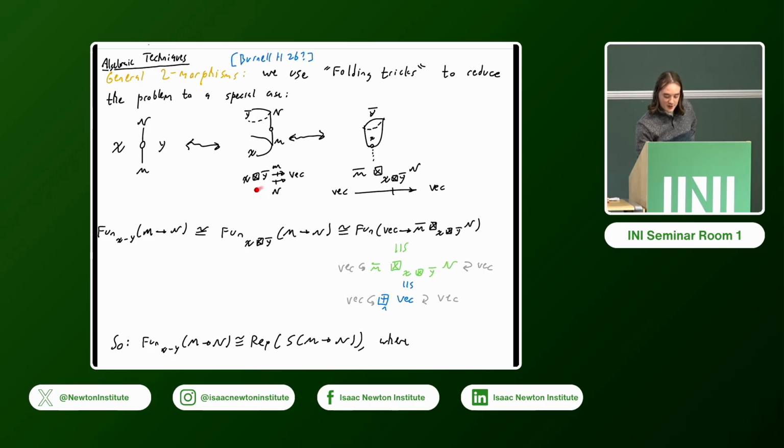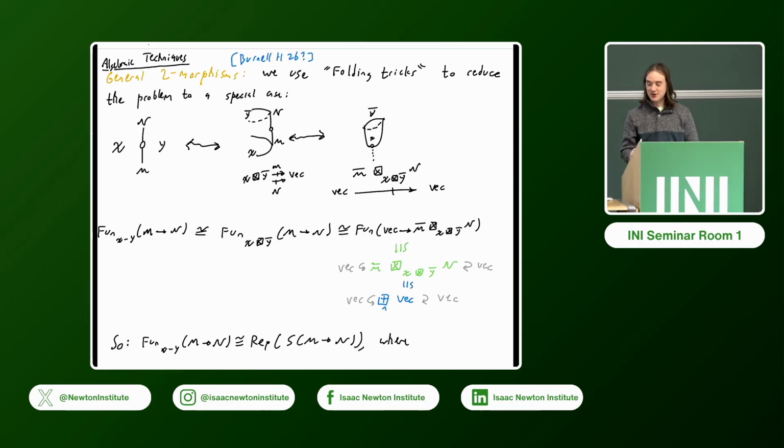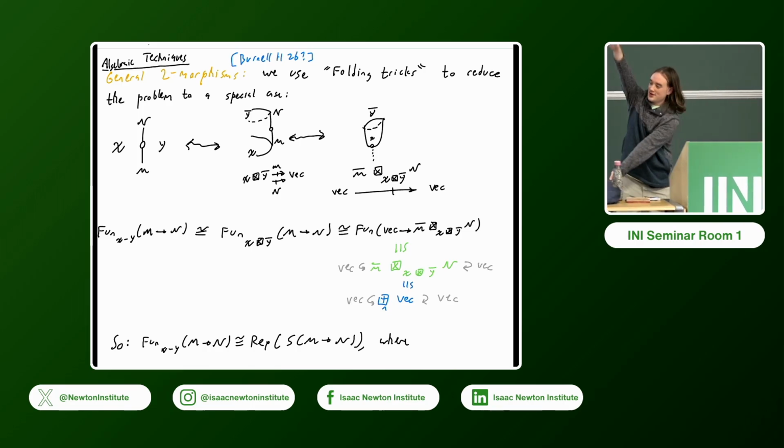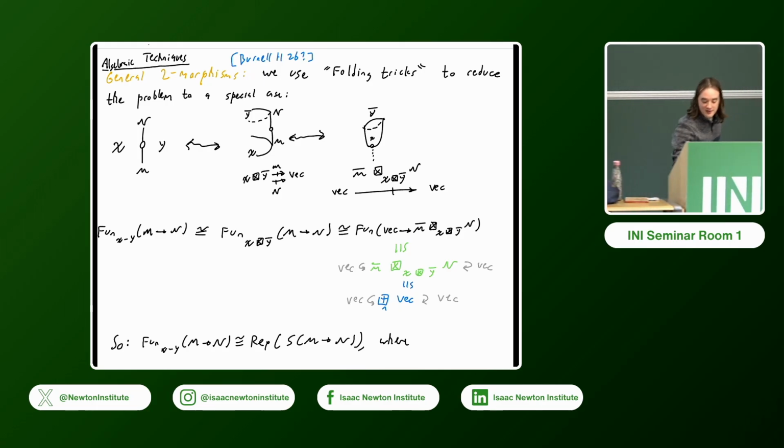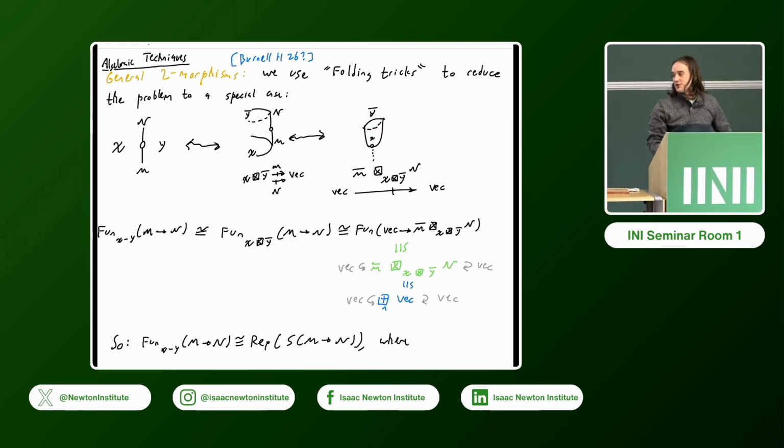And so this would correspond to, on the left I have X tensor Y monoidal reverse, and M and N are bimodules to Vec. And then I could actually do another folding trick and fold it like this. And get this tube, get this cup picture here, where the defect lives at this point. So now what I have is a bimodule category from Vec on the left to Vec on the right.